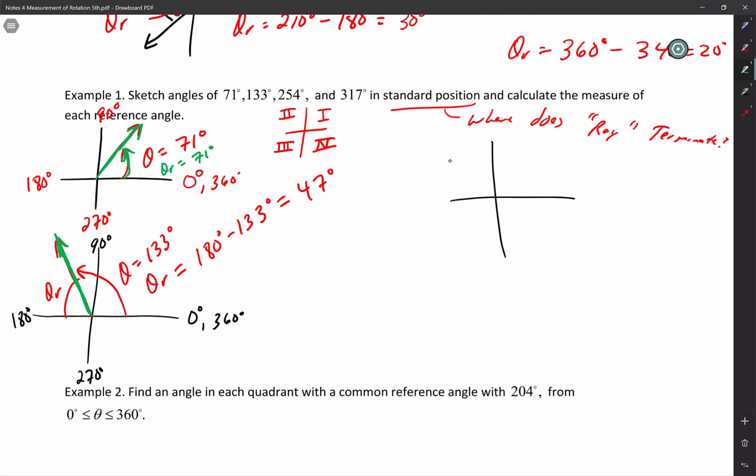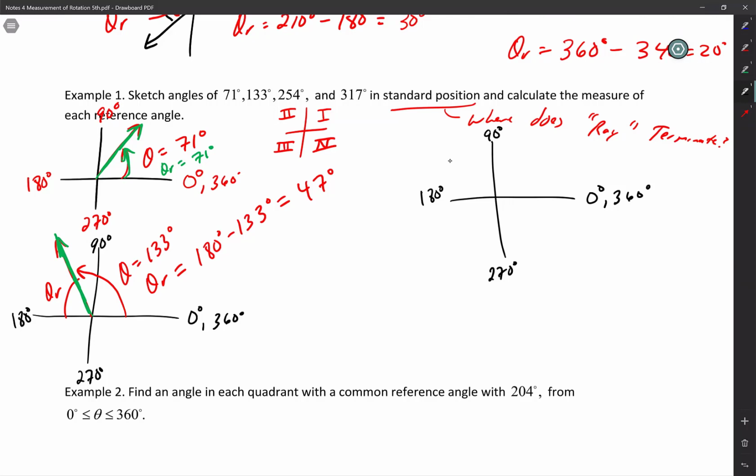So I'll go slow, watch. Ready on this one? I'm gonna label 0 degrees, 90 degrees, 180 degrees, 270 degrees, and then finally one revolution, 360 degrees. Okay, so start on the positive horizontal axis, and then we're gonna go counterclockwise until I hit 254 degrees. And 254 degrees is gonna put me in what quadrant?